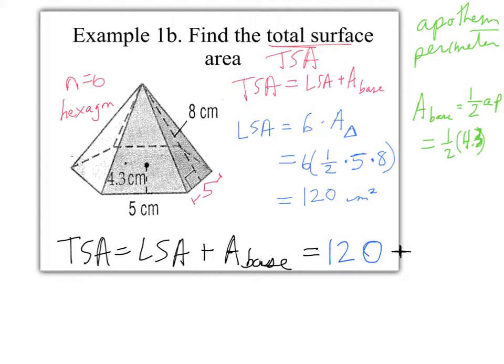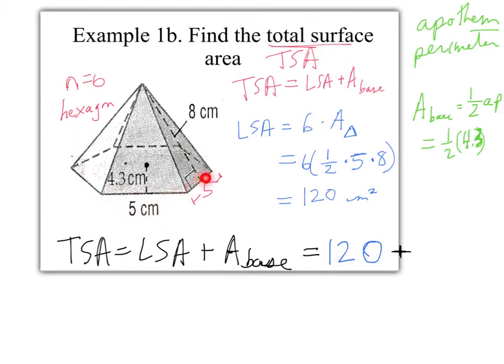And again, the apothem goes from the center of the base to the side. So it goes perpendicularly from the center to the side. So they tell you that's 4.3, so I stick in 4.3. And the perimeter, I need the perimeter of this hexagon. Well, I'm assuming it's a regular hexagon so that I can actually find it.